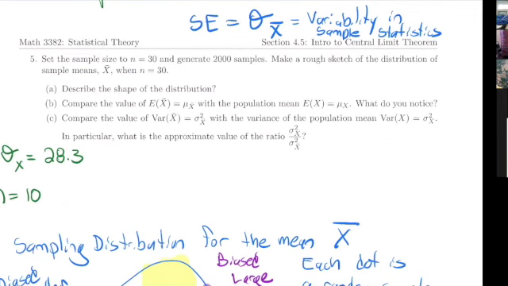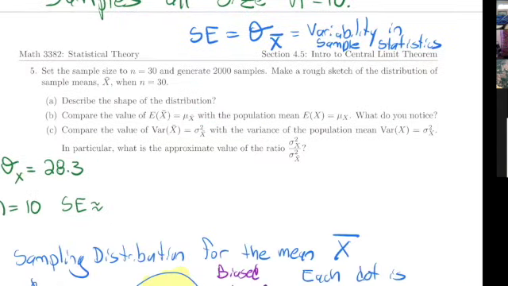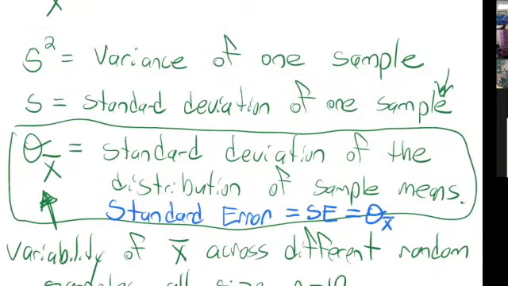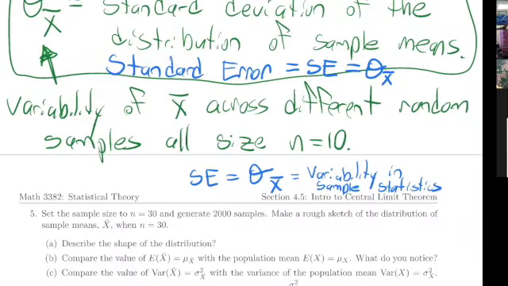When n was 10, I got a standard error, or maybe let me do this in terms of variance. So the variance of the population was 805. Sorry if I'm making you dizzy.